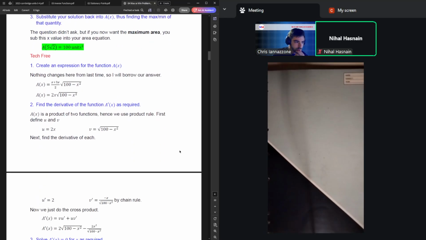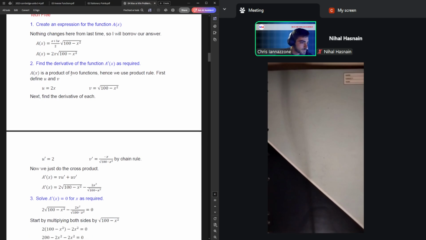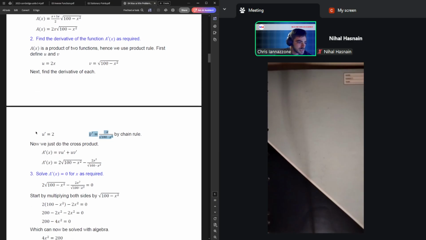Yep. Sweet. In a tech-free way, you would have to go through a derivative approach rather than fmax. So starting with our area formula, just simplify things down a bit nicer so that we can actually use it a bit better, because we do have to do it by hand at this point. This is a product of two terms, so we're going to use the product rule. u equals 2x, v equals the whole square root. Differentiate them both.